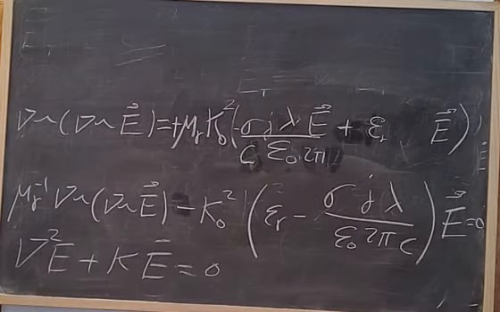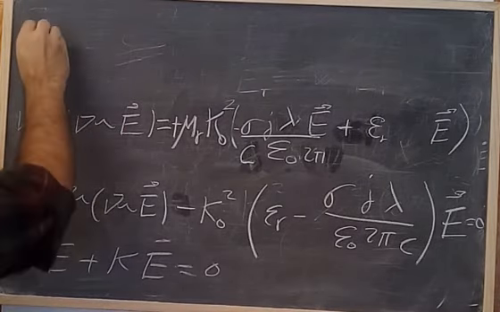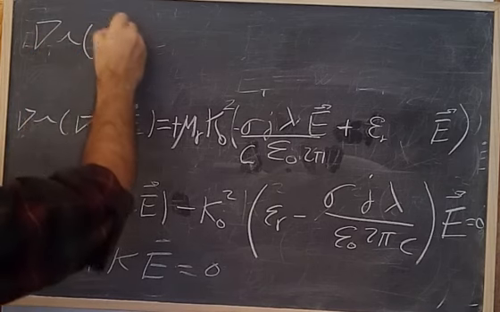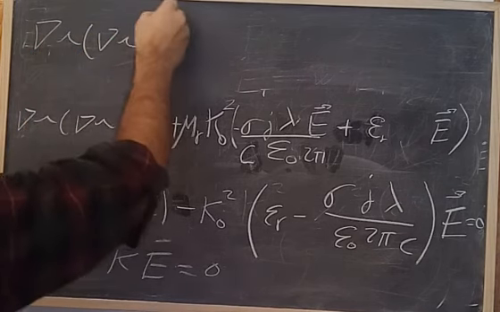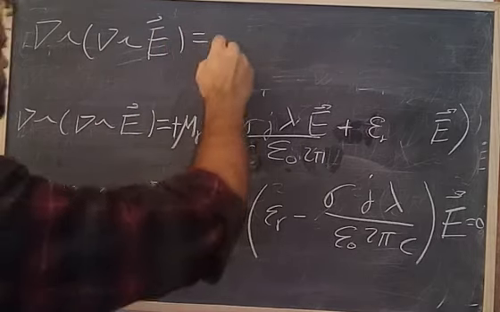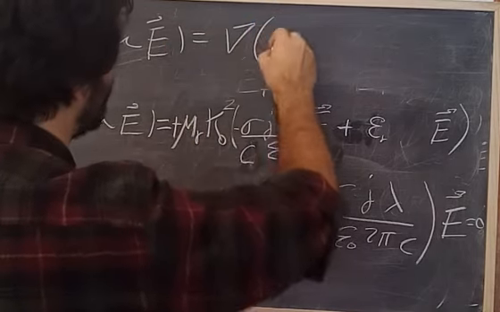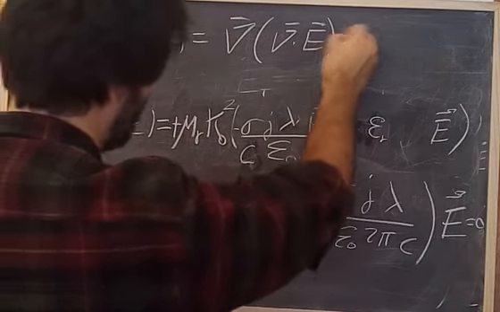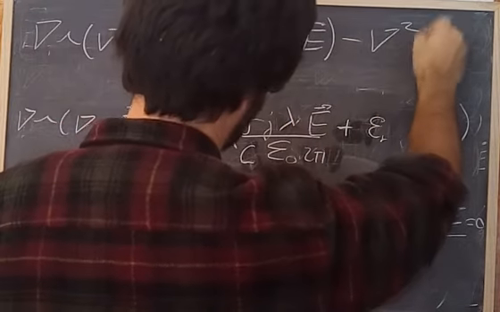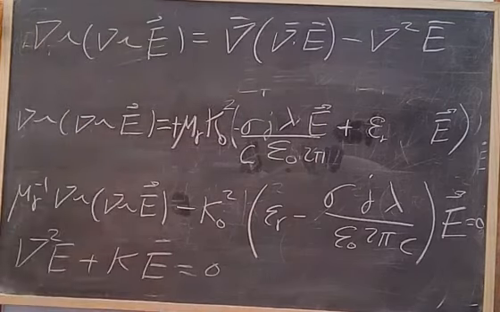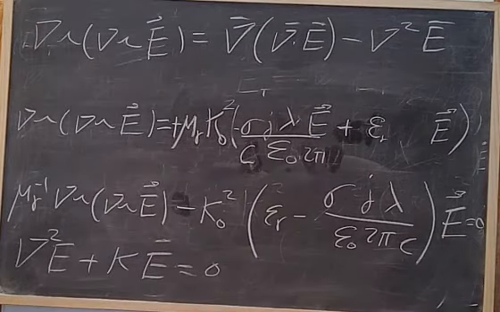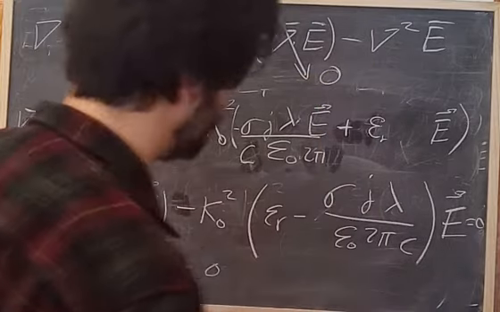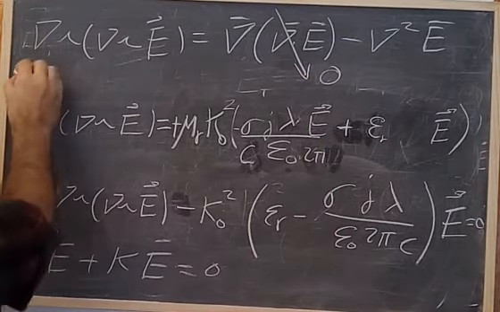There is an identity. The identity says that the curl of any vector is equal to the gradient of the divergence of this electric vector minus the Laplacian of the vector. But I have supposed that this number is 0, the Gauss law.